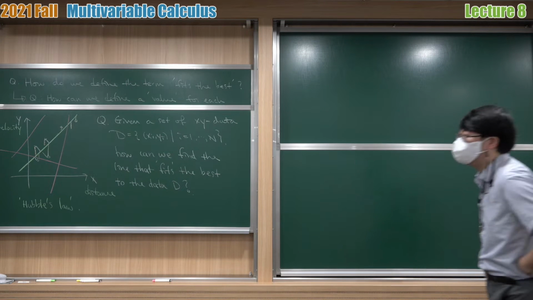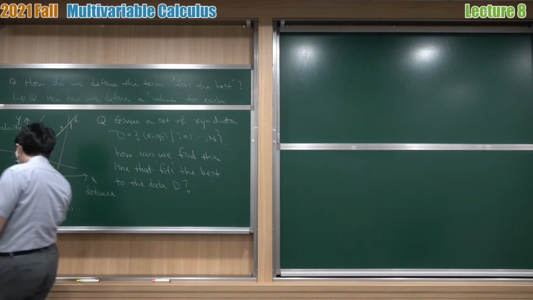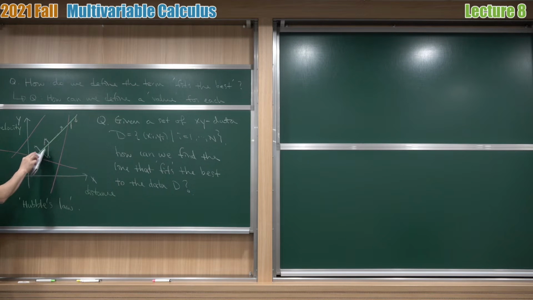Or you're trying to say the perpendicular one, okay. All right. So that's a good one, okay. So it kind of makes sense because it should be smallest, the sum of distance should be smallest if it fits the best.